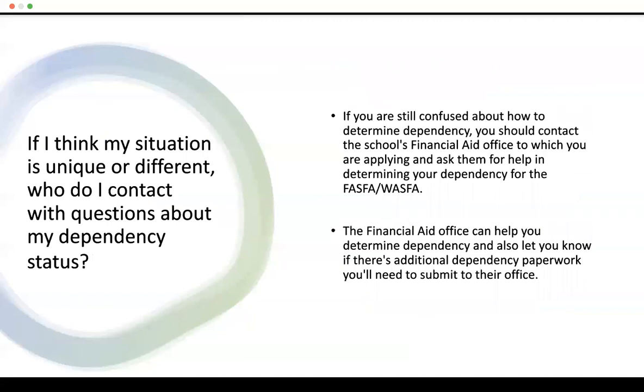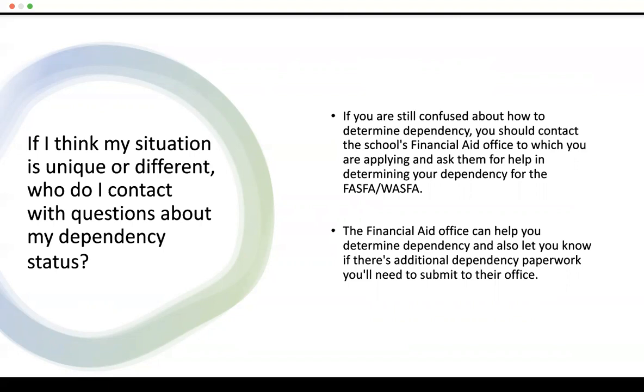So if you think that your situation is unique or different, there's ways to get in contact with folks about your dependency status. If you're still confused, you really should contact the financial aid office of the school to which you are applying, and you can ask them for help in determining your dependency status for the FAFSA or WASFA.